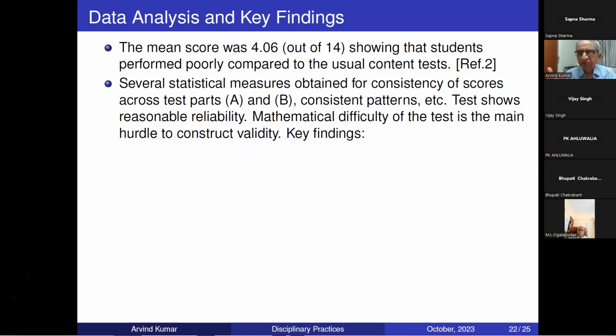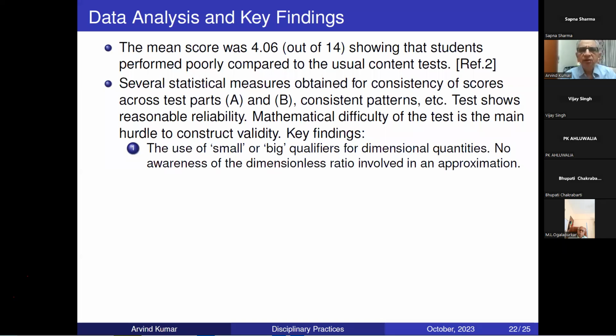So it's a great challenge for all of us who are doing PER at the college physics education level, because physics does become mathematical if you want to test some higher domains. It can't be just qualitative. And on the other hand, it has to be made less and less mathematical. How can you do that and still do that? It's a challenging thing. We succeeded only partially. We have not succeeded completely.